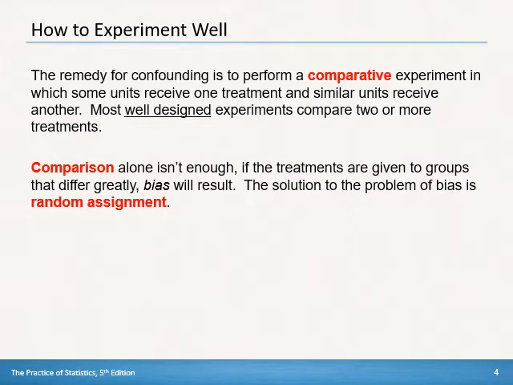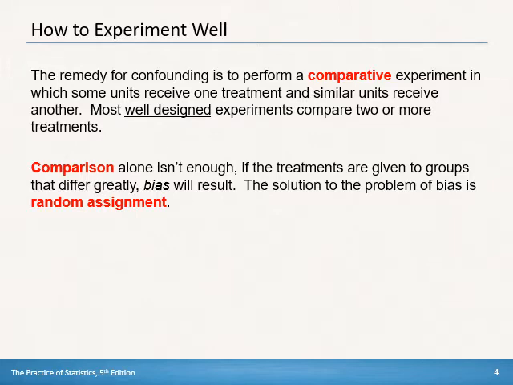All right, so we want to be able to use a comparative experiment. This means some people get one treatment, some people get another treatment. So two or more treatments typically, and we want the groups to be as similar as possible.